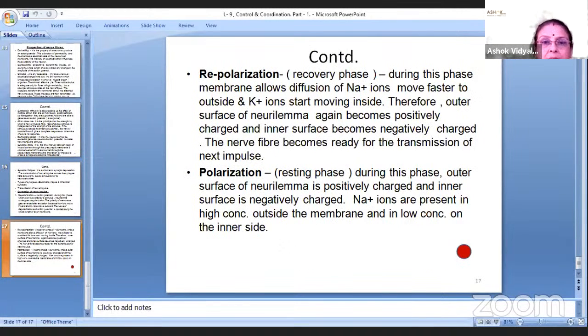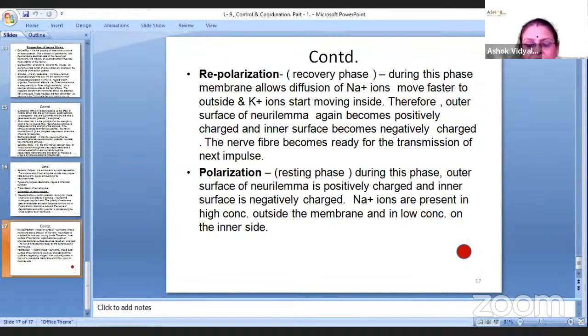Now the third part is the recovery phase, also known as repolarization. The change of polarity results in potential differences at the site and the axonal end. Hence, a local circuit is formed and current flows from dendron to axon.